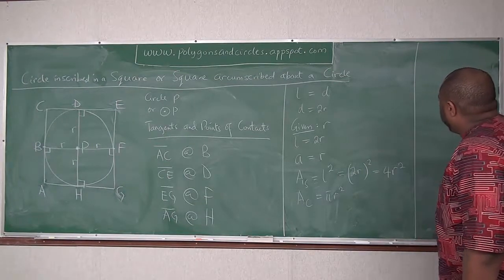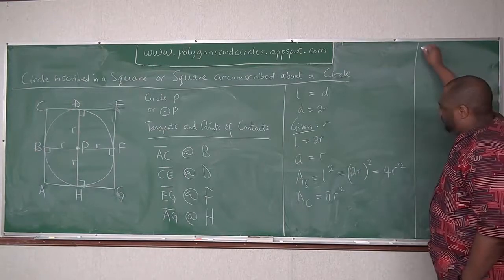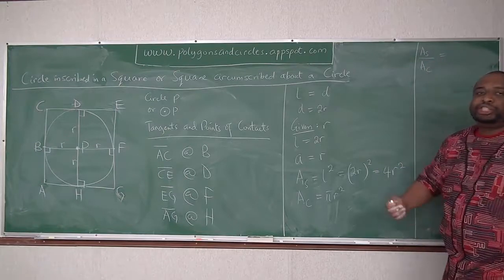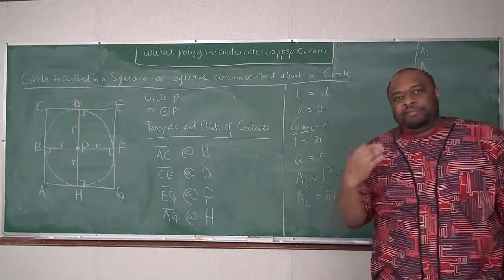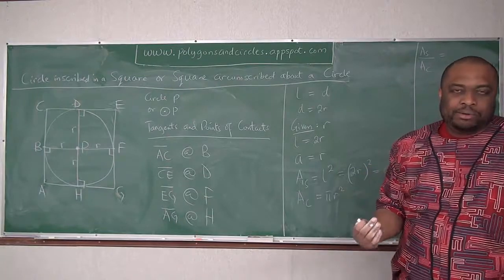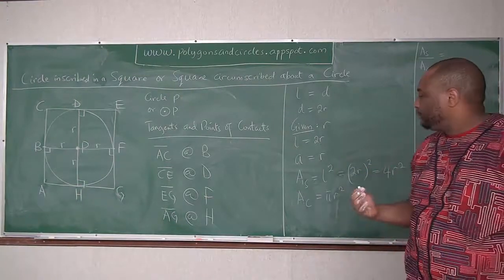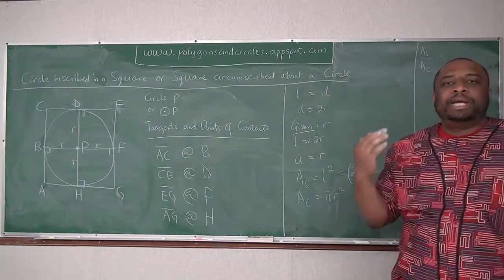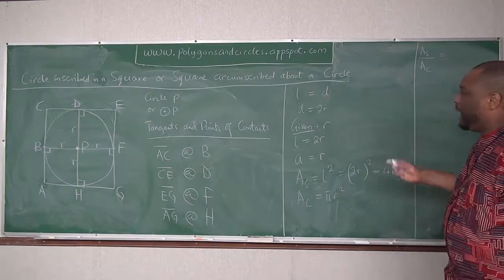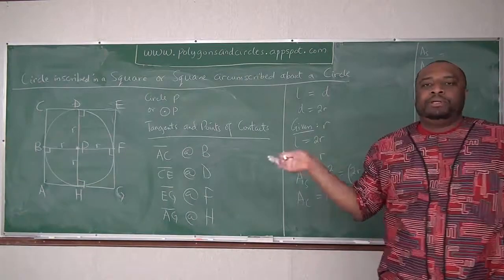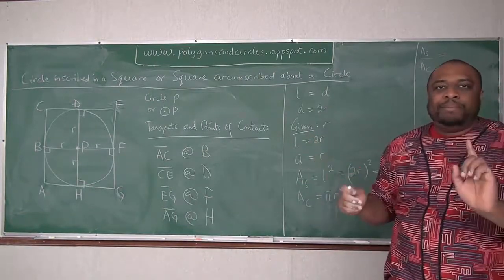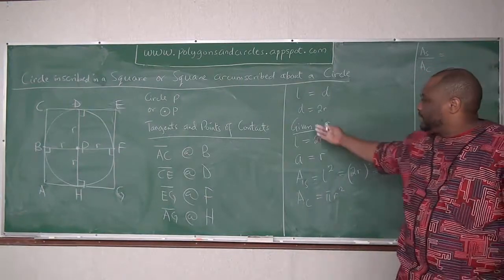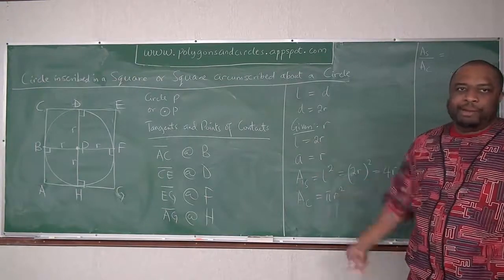They could ask you, what is the ratio of the area of the square to the area of the circle? Usually they might just give you the radius of the circle as the parameter, and they expect you to find the rest.